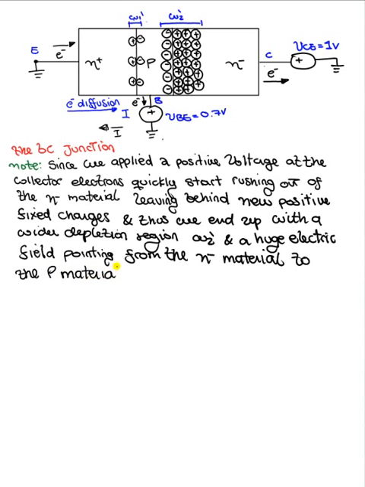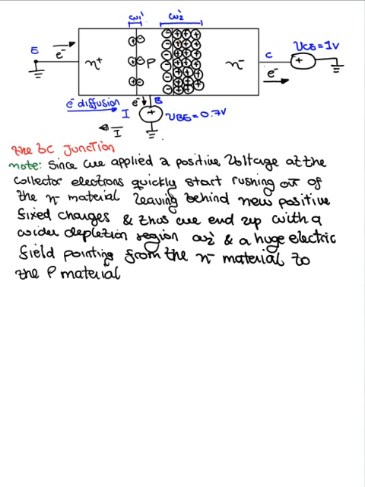It's actually better to say, because the electric field is not really from the collector, that it's pointing from inside the N minus material over to the P material, as it is actually in the depletion region that we have this huge electric field.